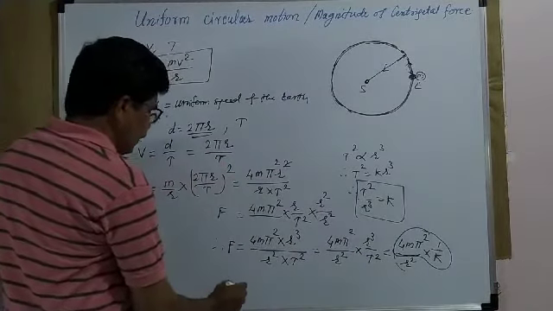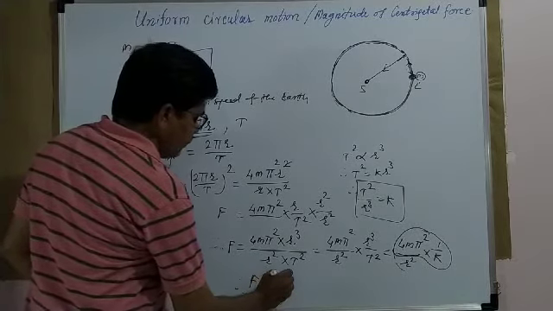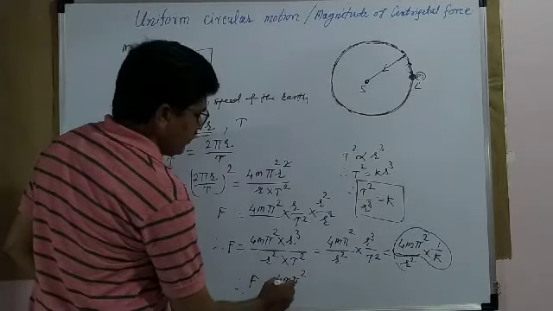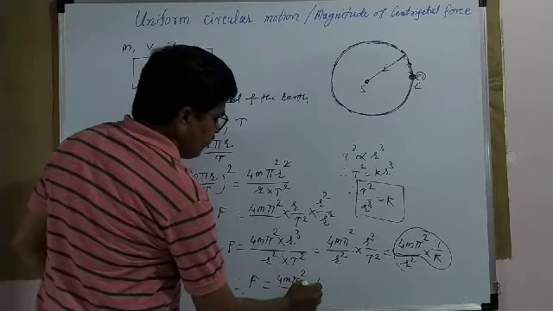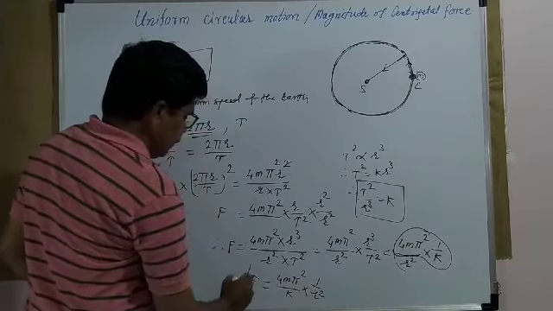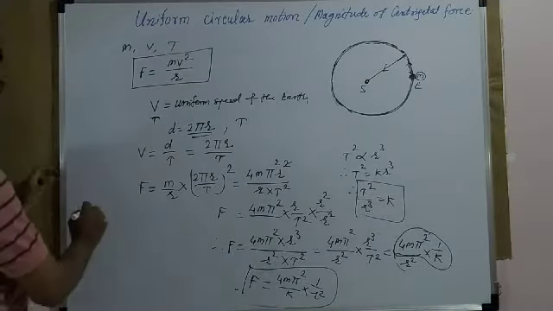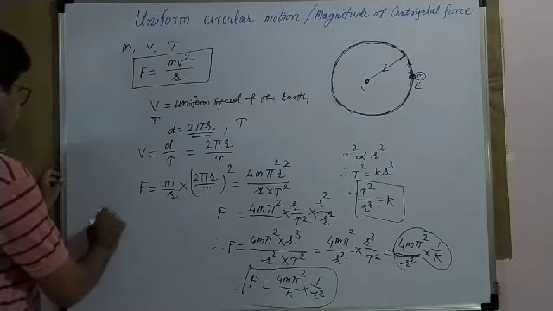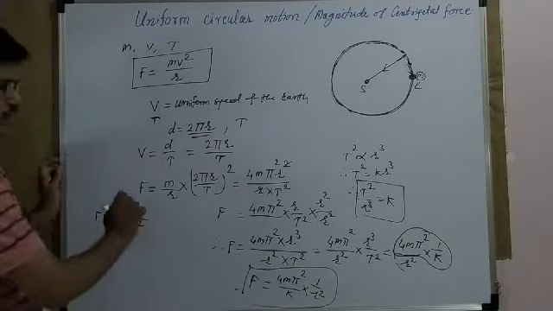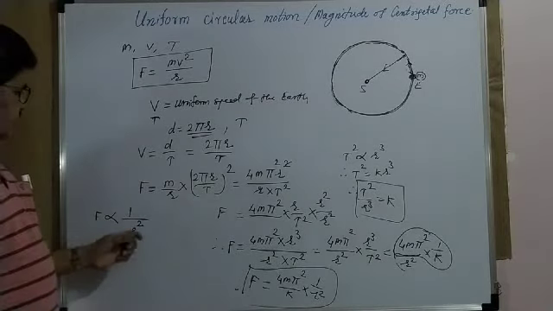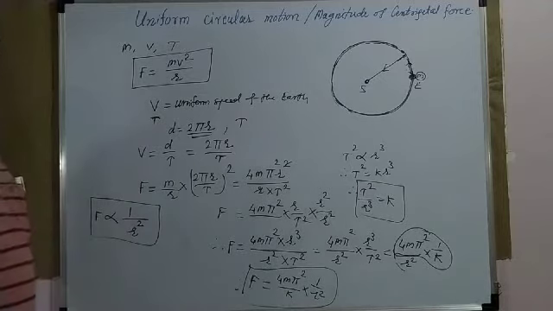That means you can say that F is equal to 4m pi square divided by k into 1 by r square, and that is nothing but the centripetal force. That centripetal force is inversely proportional to the square of the distance between the earth and the sun, and that is nothing but the inverse law of gravity.